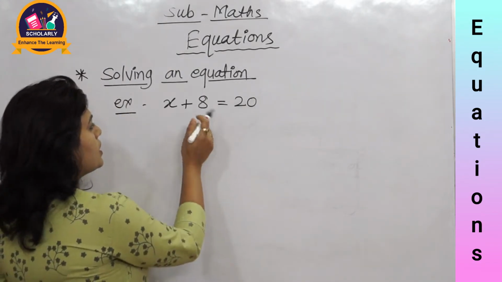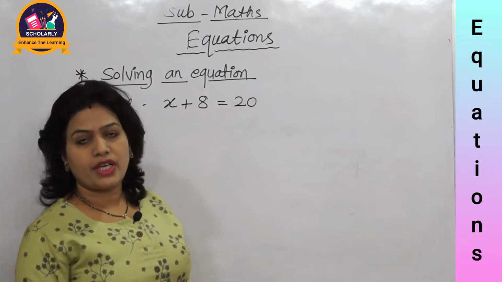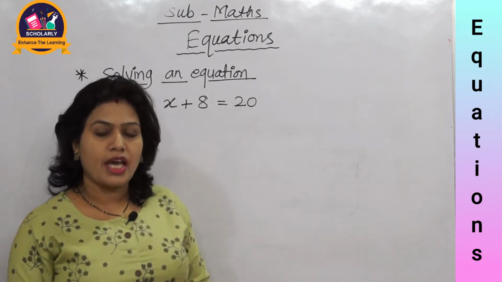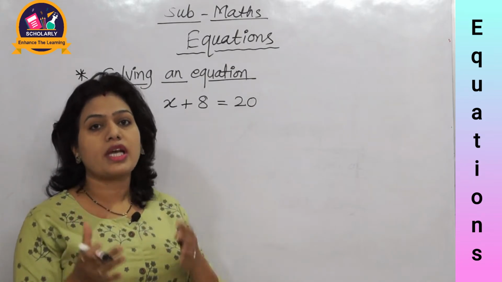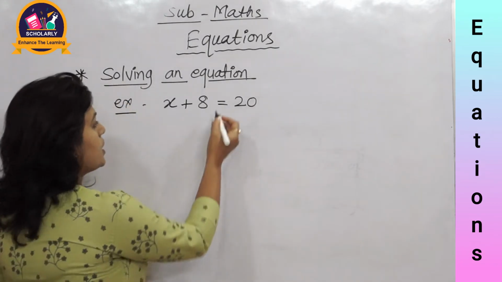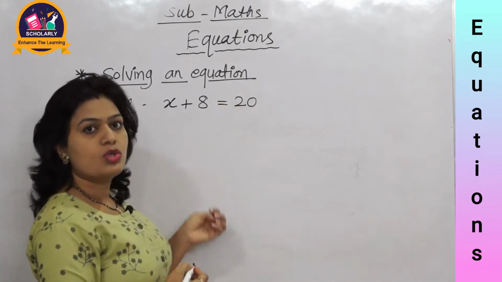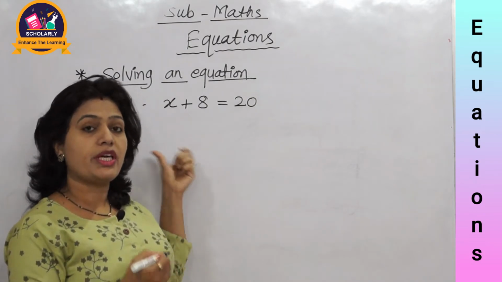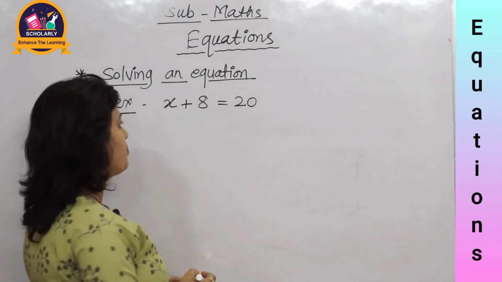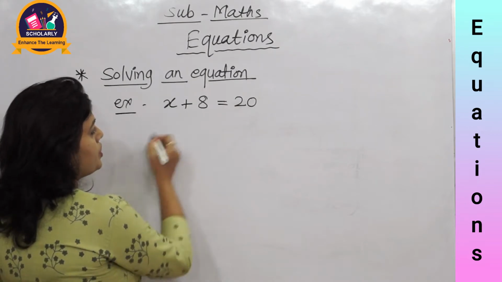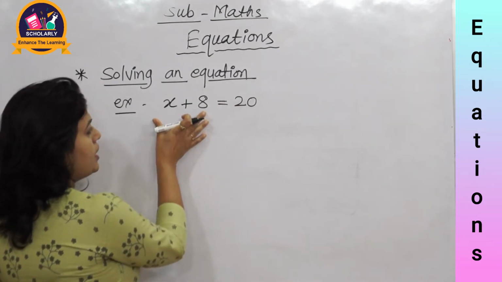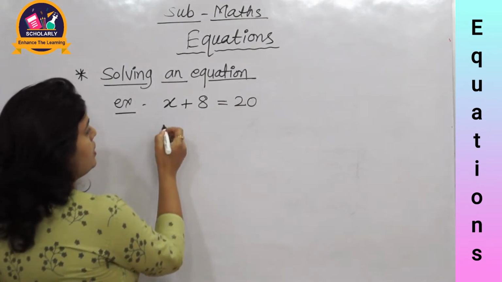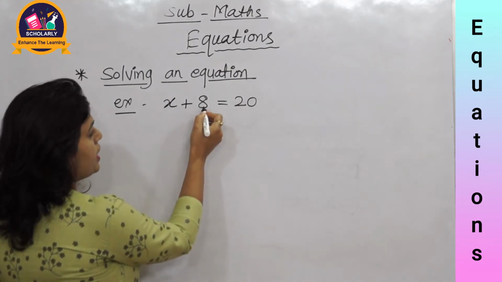Then there are certain rules to solve the equation. As we know, we have to keep both sides balanced because there is a sign of equal. So both sides should be kept balanced till the end. How to solve this equation? On the left side, there is a variable: x plus 8 equals 20.